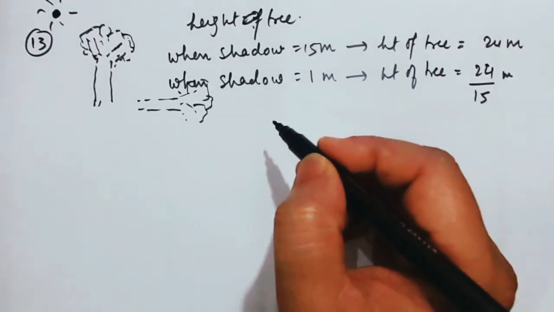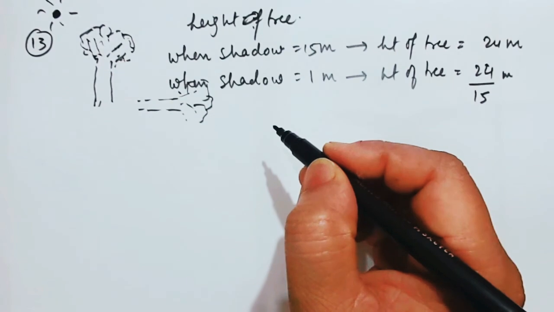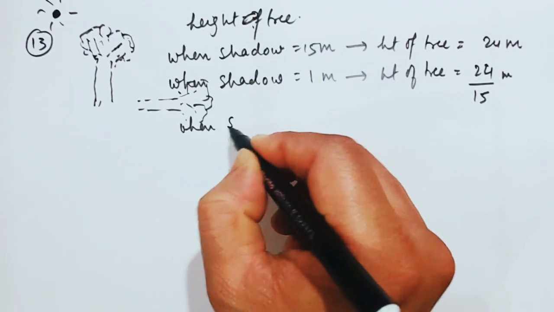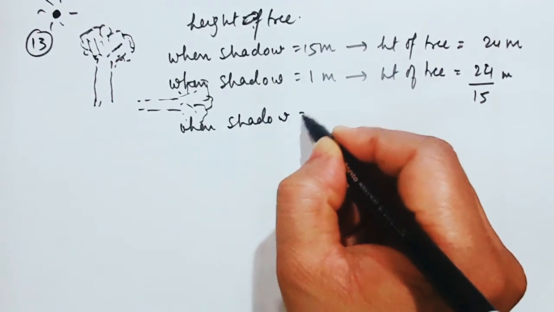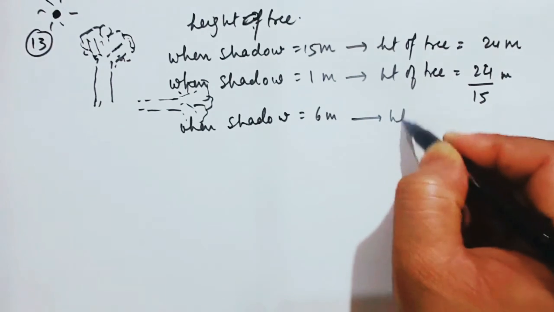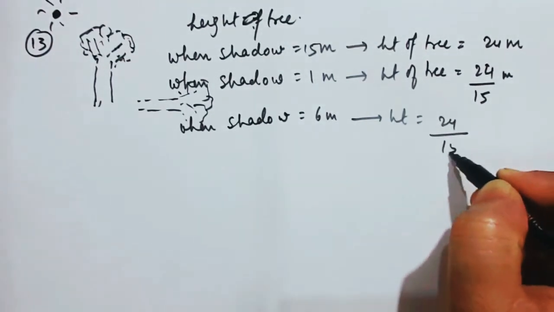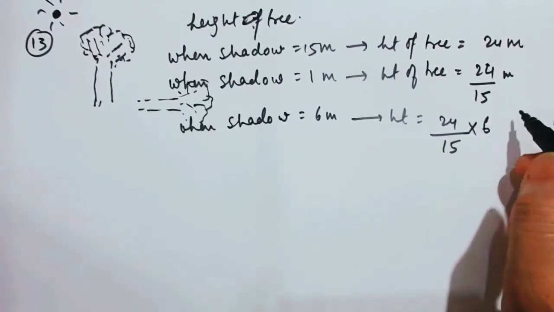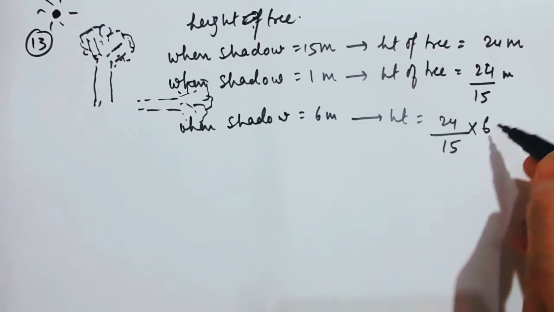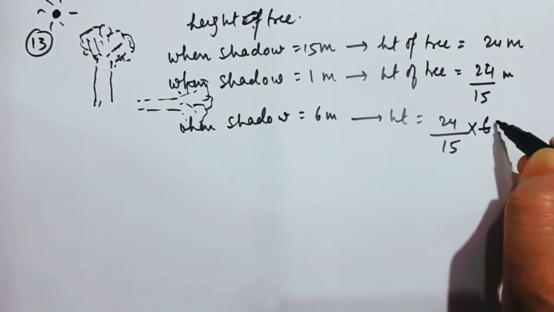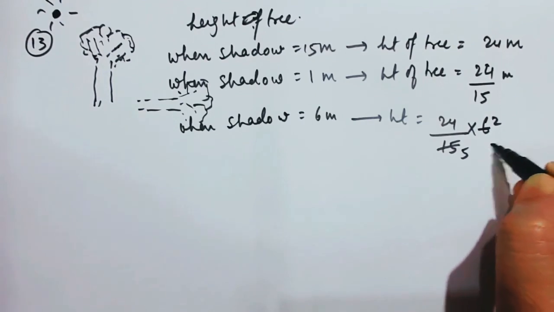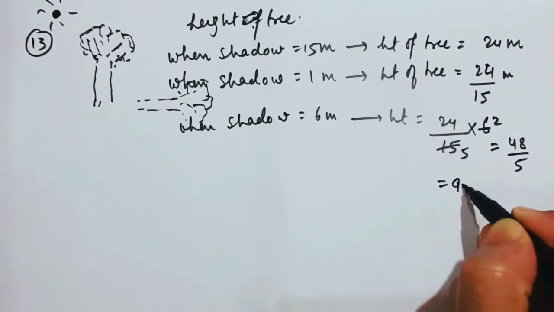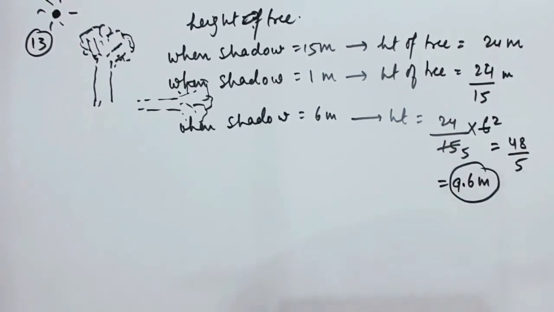Now at the same time another tree casts a shadow of 6 meter. So when the shadow is equal to 6 meter, your height will be 24 by 15 into 6. So let me see, 2 times 3, 5 times 24: 2 fours are 48, by 5, is equal to 9.6 meter.